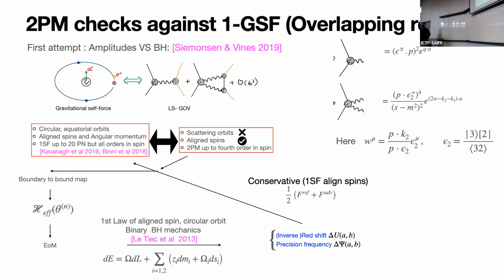The way of doing it is by mapping the problem to one of the two sides. The way in which Justin and Niels did it was by mapping the scattering problem to the bound problem through a Hamiltonian that you can compute from the scattering angle, and then from the equations of motion and the first law of black hole mechanics by Le Tiec and collaborators, you can compute the observables, the inverse redshift and the precession frequency, and then compare to what you have in the GR computation.